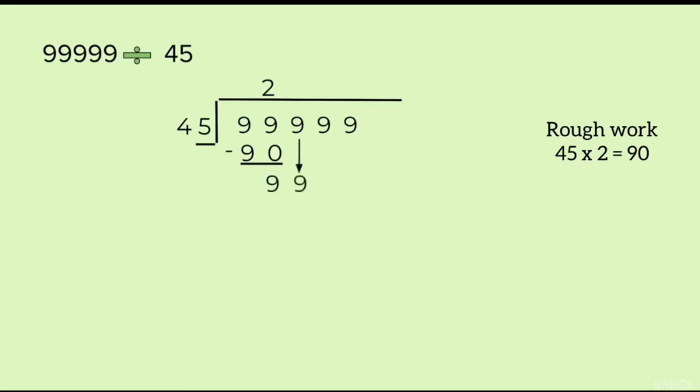We will bring down 9. Again the same multiplication will show. 45 multiplied by 2 is equal to 90. Again 9, and so on.